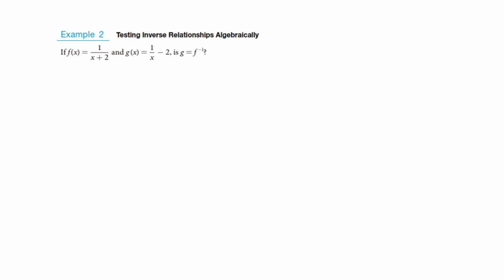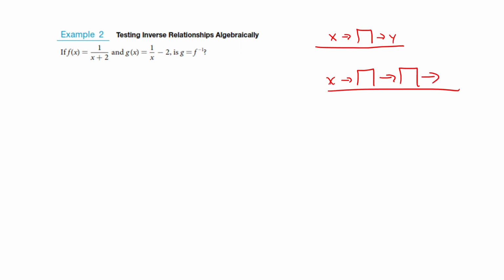Okay, now we're going to test whether or not two functions are inverses of each other. And so if you think about my conveyor belt idea, here's what's happening. You put some x into the machine and you get some y out. Well, if they're inverses of each other, what would happen is if you turn this into an assembly line with two machines, if you put something into the first machine, what spits out of the other side then goes into the second machine, and it should get you right back where you started.